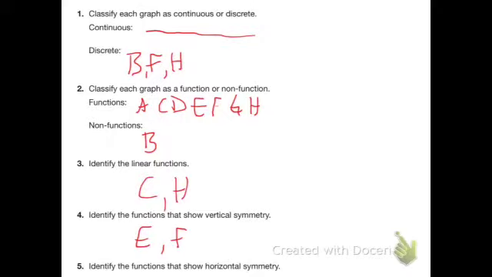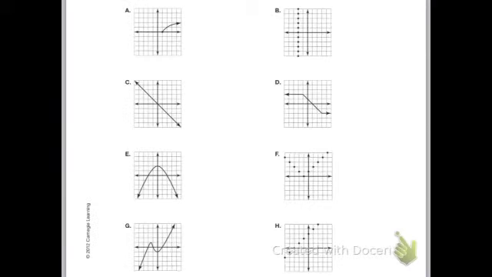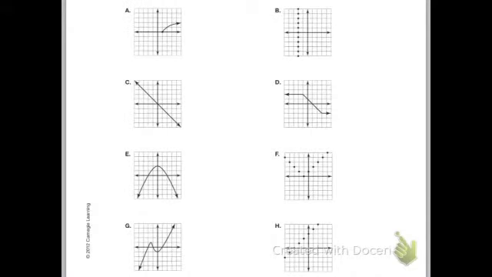Okay, let's jump over to characteristic 5. When you identify which ones show horizontal symmetry. Okay, well that one's just you do a horizontal line somewhere, and see if it doubles over. Okay, on pretty much all of these, there is no horizontal symmetry. D looks really close, but you remember, it's trying to look for a reflection.